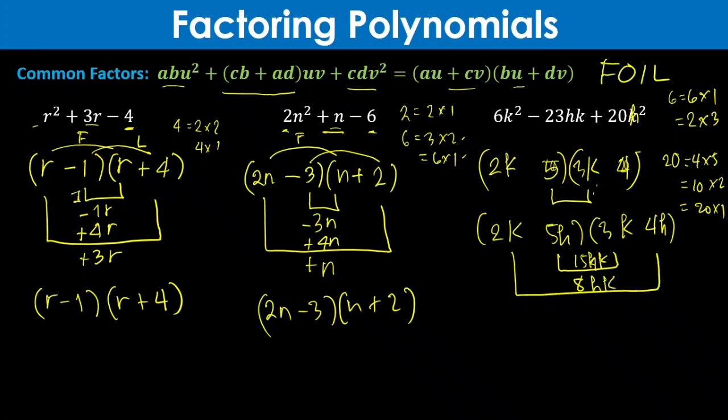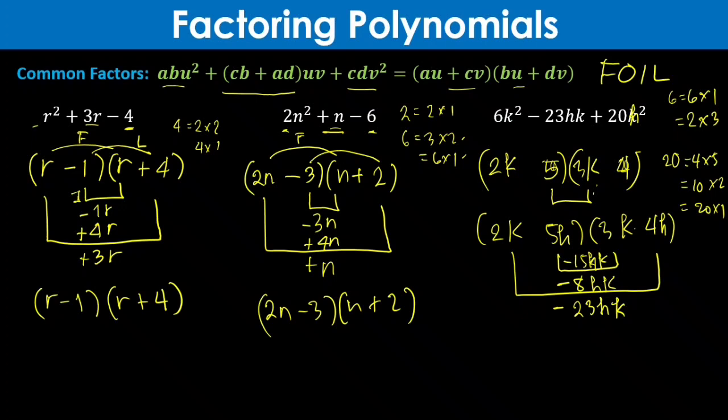Okay, if we add this can result to 23, but let us look at the sign first. So the result should be negative 23hk, and the only way to do that should be negative here and negative here, and that is true.